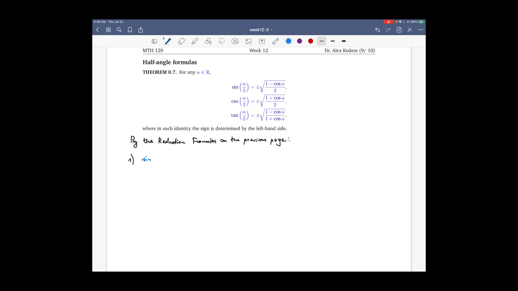sine squared alpha equals 1 minus cosine of 2 alpha over 2. Note that this is always a non-negative number, of course, and therefore sine alpha equals plus minus square root of 1 minus cosine of 2 alpha over 2.